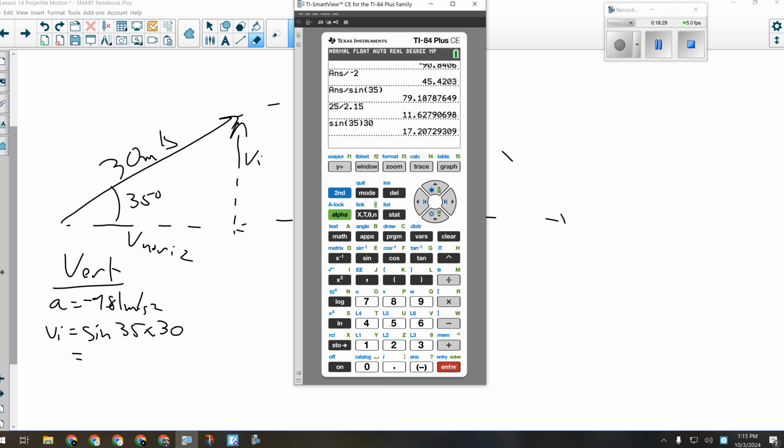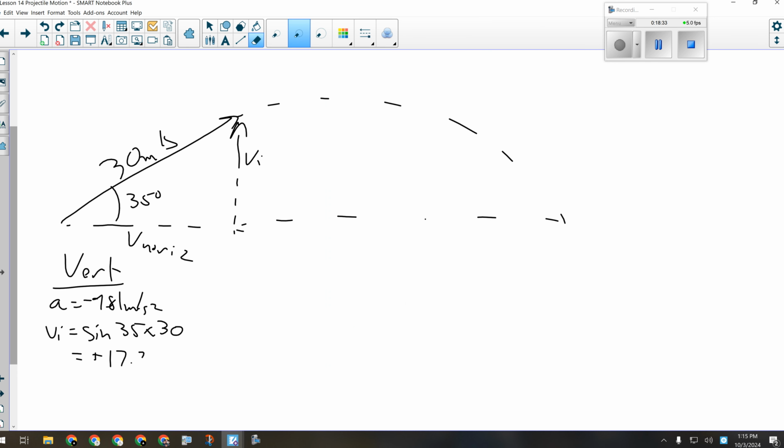So that's going to be positive 17.2 meters per second. Since we're not told otherwise, we can assume impact and launch are level, so VF is negative 17.2 meters per second.